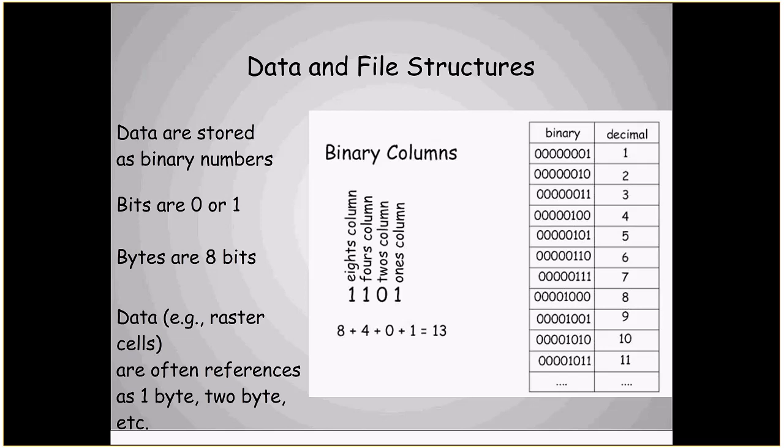Okay, so we don't need to get into the details of computer science, but it's important that you realize that on a computer, everything about numbers is actually stored as binary numbers, ones and zeros.